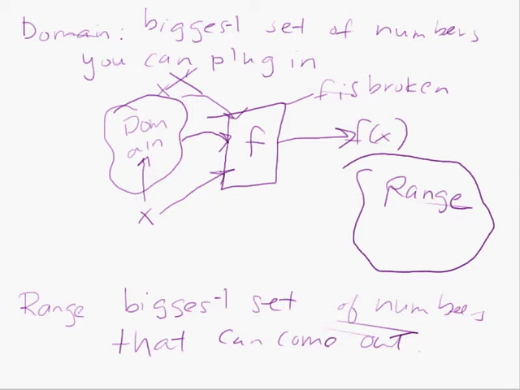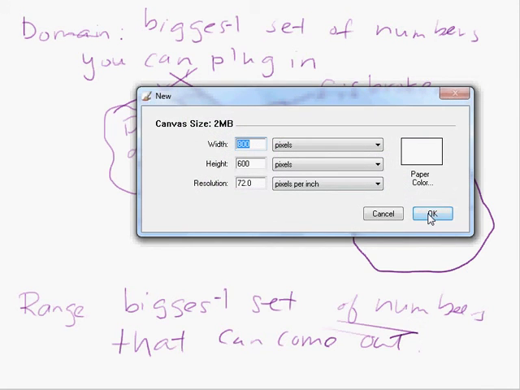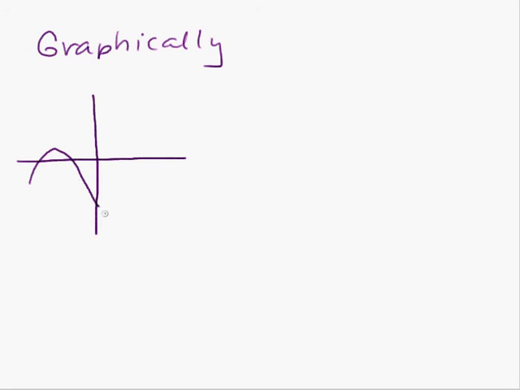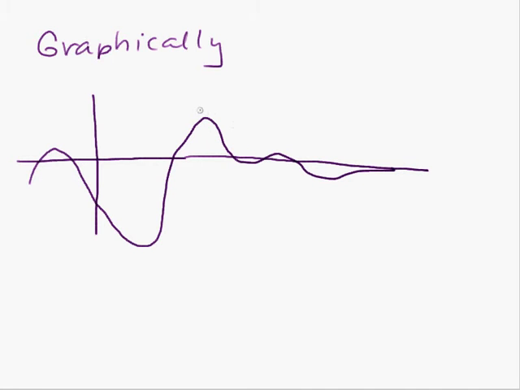Okay, so graphically speaking, if we have a function that's doing something like that, as an example, then we look along the y-axis, and this is our highest value, and this is our lowest value for said function here.